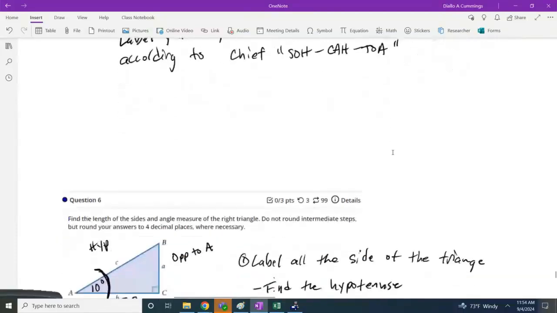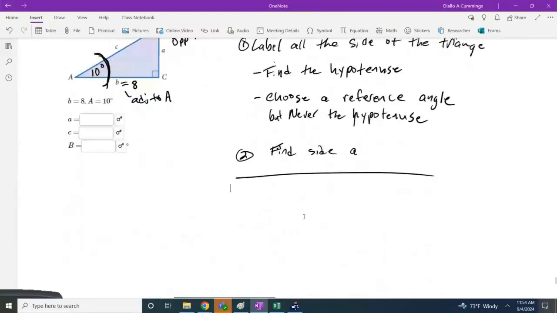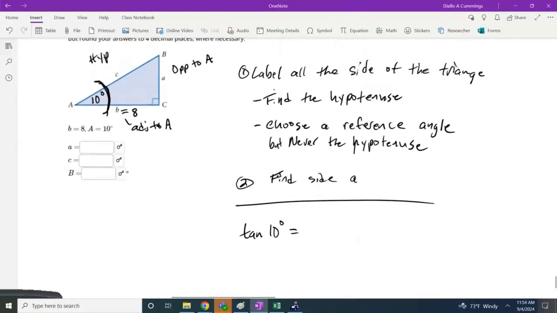So now how will I write that out? Well, I'm going to write it out like this. The tangent of A, which is 10 degrees, that's equal to the opposite, which is side A, over the adjacent, which is 8.